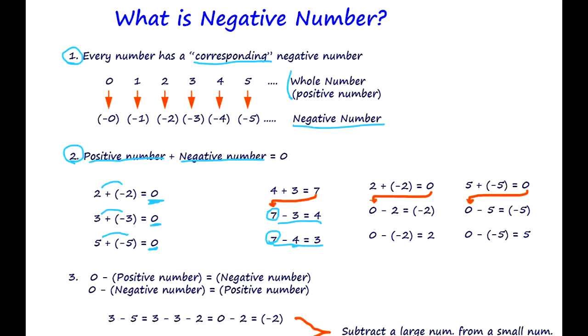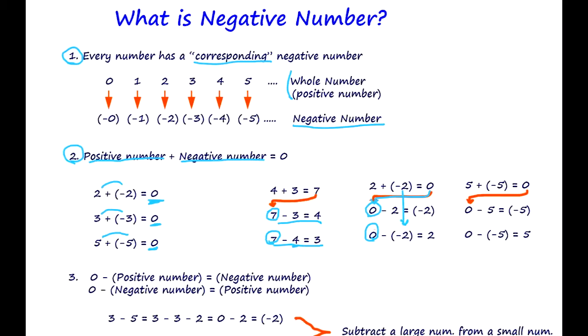We can do the same thing. Since we have 2 plus negative 2 equals 0, we bring the answer over here. Then the answer minus one of them, 2, should be the other one, negative 2. Or the answer minus negative 2 should be the other one, 2.